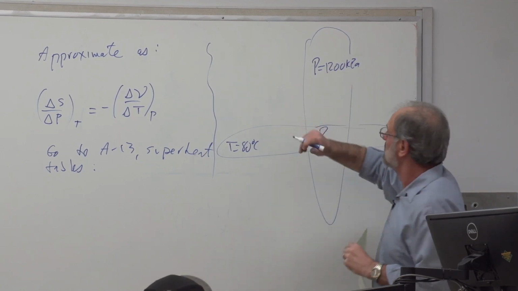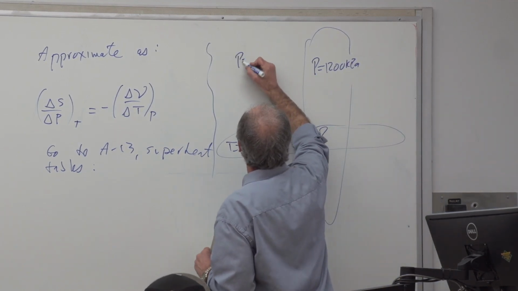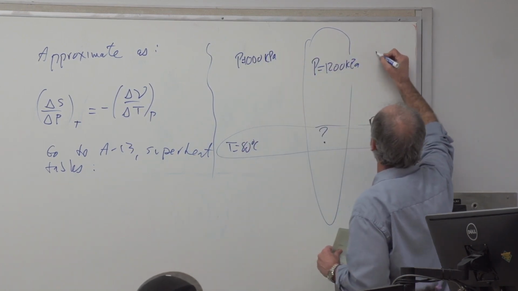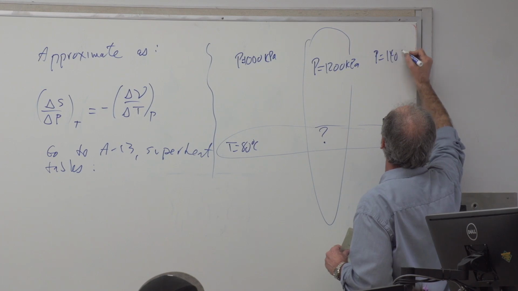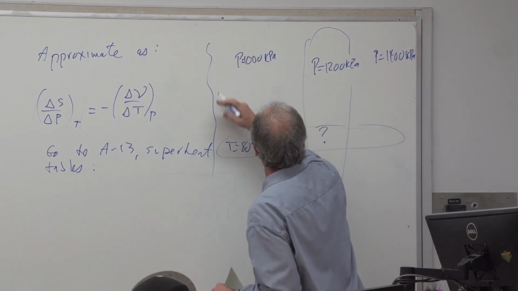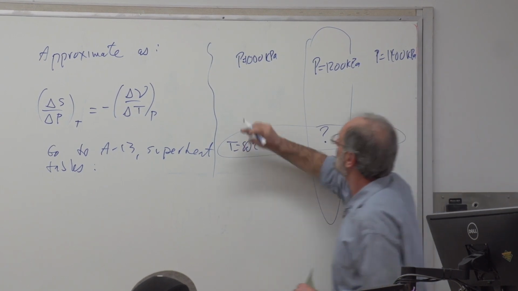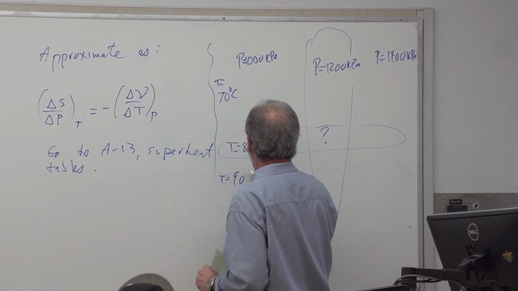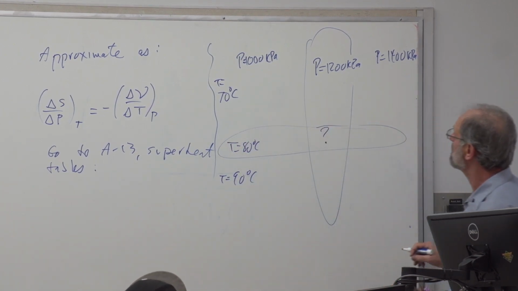The one at a lower pressure is at 1,000. And the one that's a little bit higher is at 1,400 kilopascals. And then the temperature data that bounds 80 degrees Celsius is actually at 70 and 90 degrees Celsius. Okay.